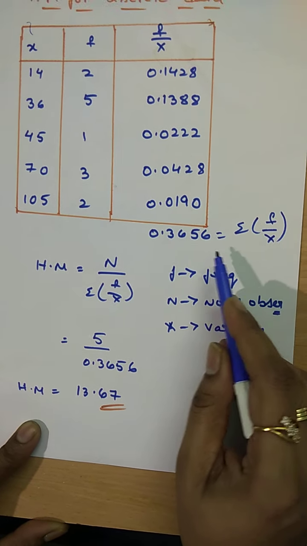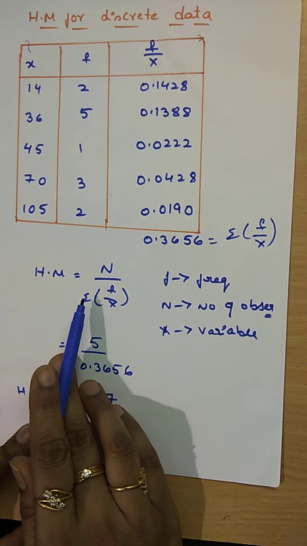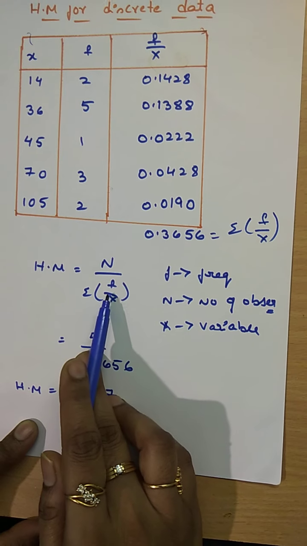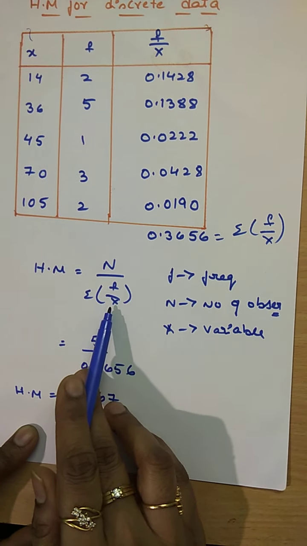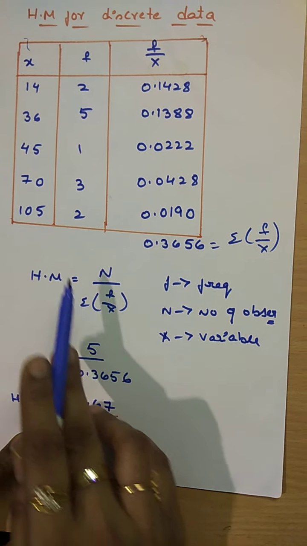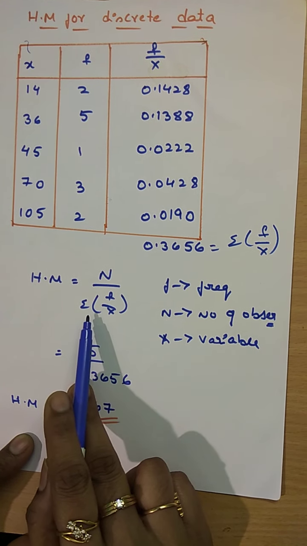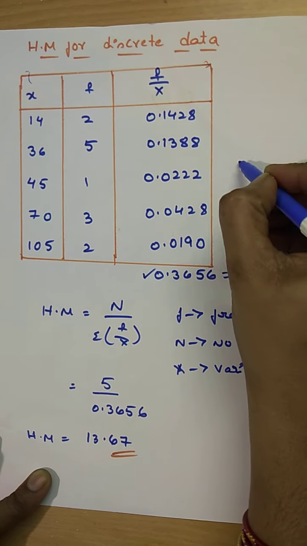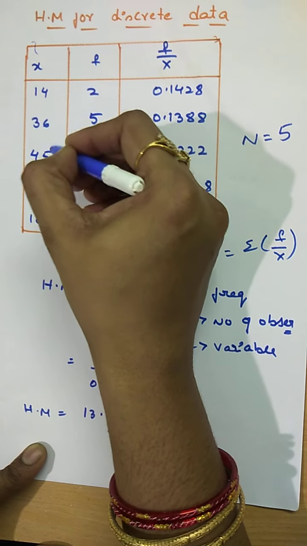Substitute these values in the formula. The formula for harmonic mean in the case of discrete data is n divided by summation of f divided by x. In the case of an individual series, 1 divided by x is there. In the case of discrete data, f divided by x is there, because here they have given a frequency value. Here n equal to 5, 5 observations are there: 1, 2, 3, 4, 5.